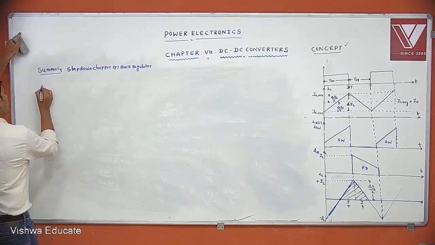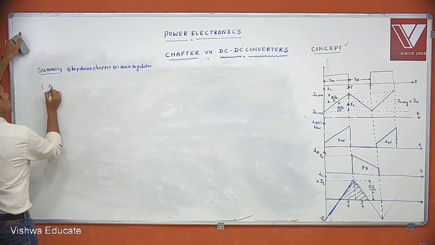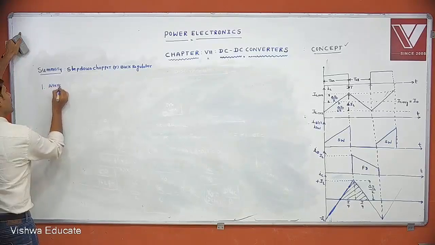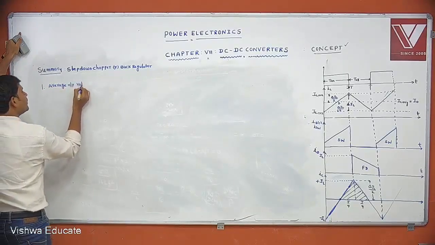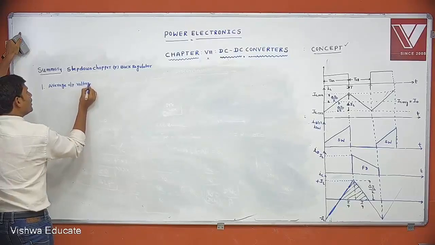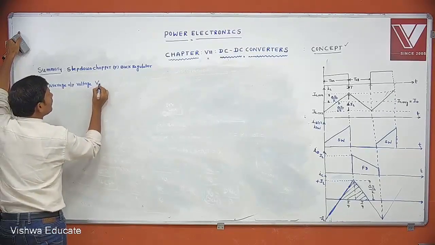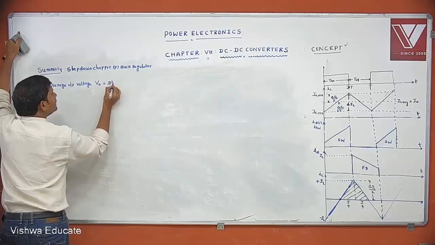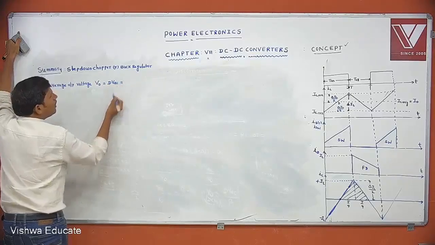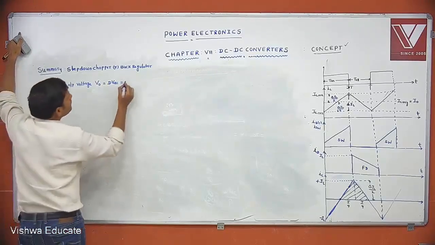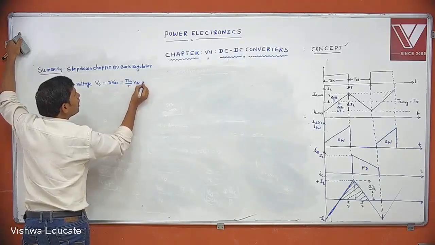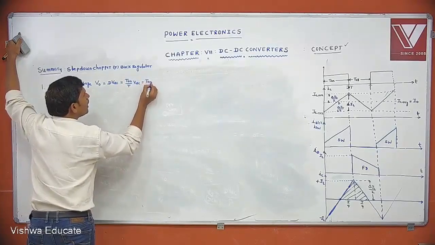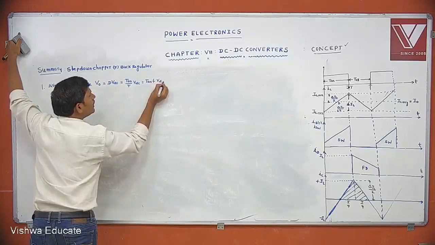What is the average output voltage? Average output voltage V0 equals d VDC, or duty cycle is also written as T on by T into VDC, or T on into F into VDC.